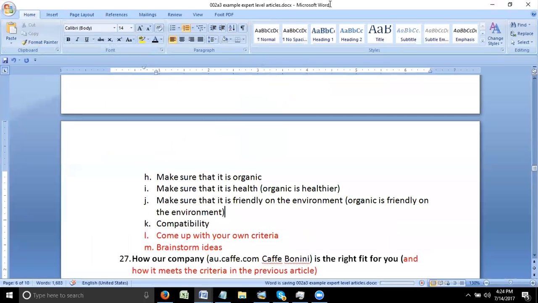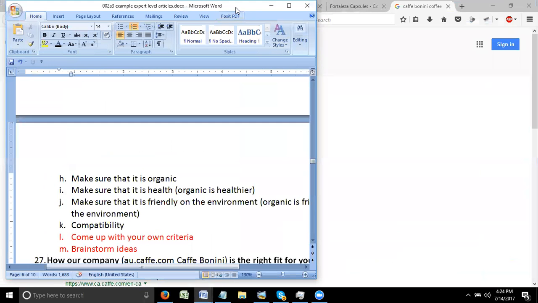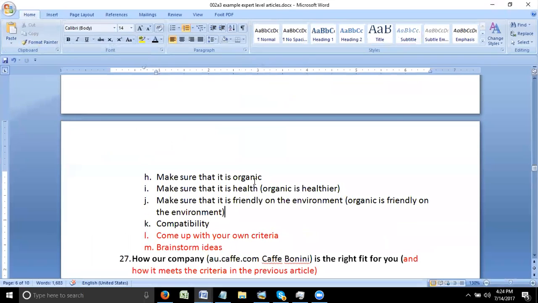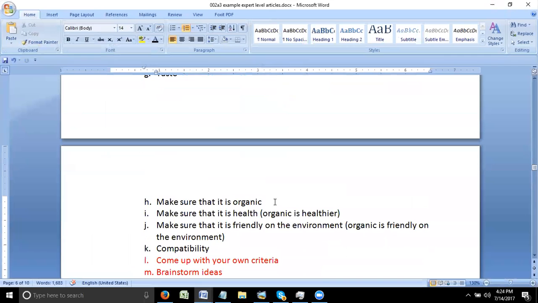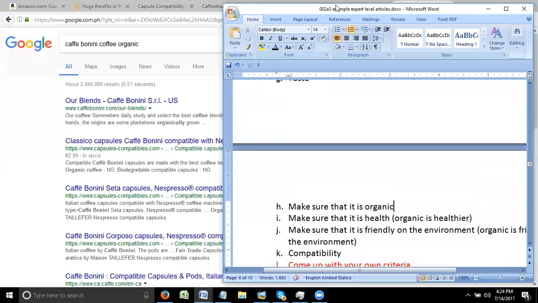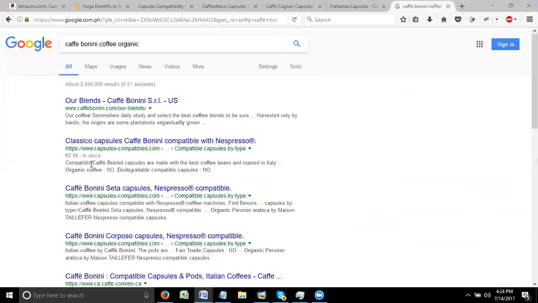Because there are actually people who care a lot about the environment and about health, who are very conscious about whether it's good for the environment and good for health or not. And they're very passionate about it. Okay, so it's organic coffee, biodegradable.